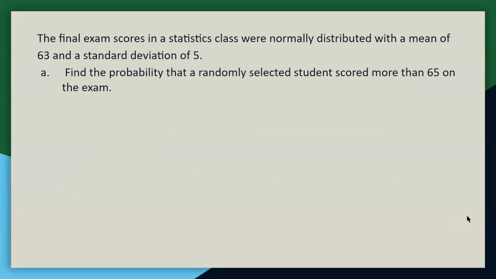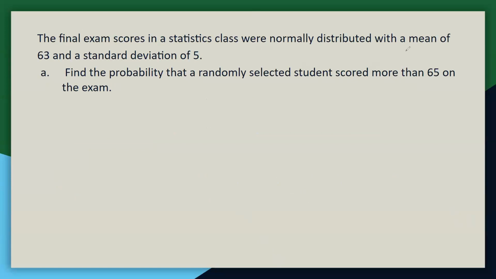So let's start with part A. Find the probability that a randomly selected student scored more than 65 on the exam. So let's pull my annotation up here, get that out of the way. First thing I'm going to do, I'm going to pick through that problem.